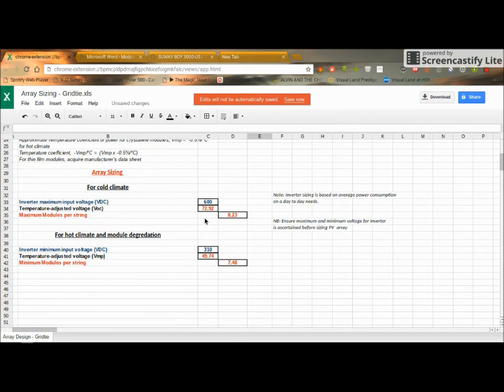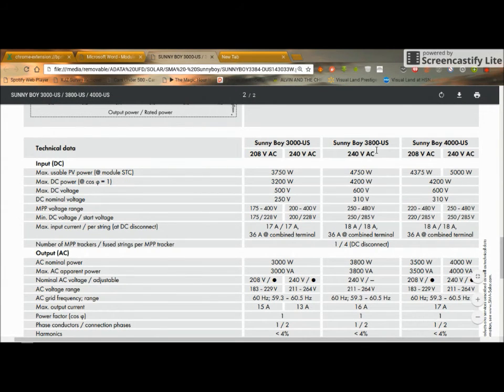The size inverter that we choose to put in our homes, to power our homes, determines the number of solar panels that we put on our roof to power that inverter. So for this example, as we said, we are using the Sunny Boy 3800. Maximum voltage that should come in 600, minimum 310.